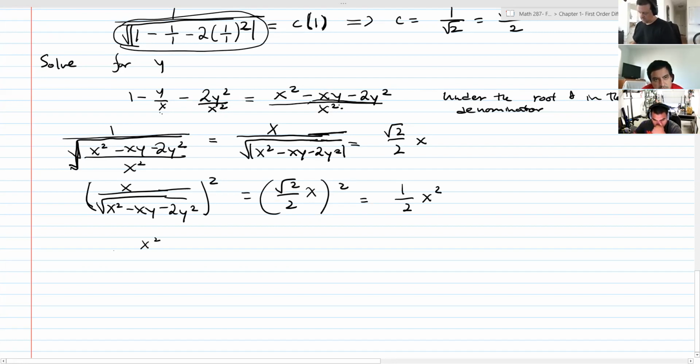So this gives me now x squared over x squared minus xy minus 2y squared, no longer a square root, equals 1/2 x squared.